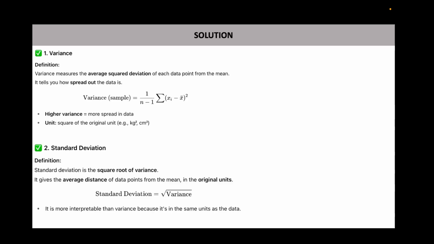Then the second way to represent is your standard deviation. So as I previously mentioned, you can calculate standard deviation using the data of your variance, and the formula is very simple. The standard deviation is basically the square root of your variance, and it will give the average distance of data points from the mean.